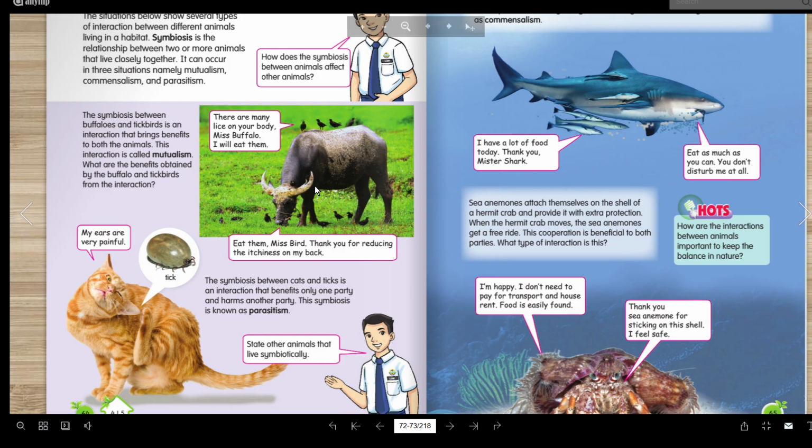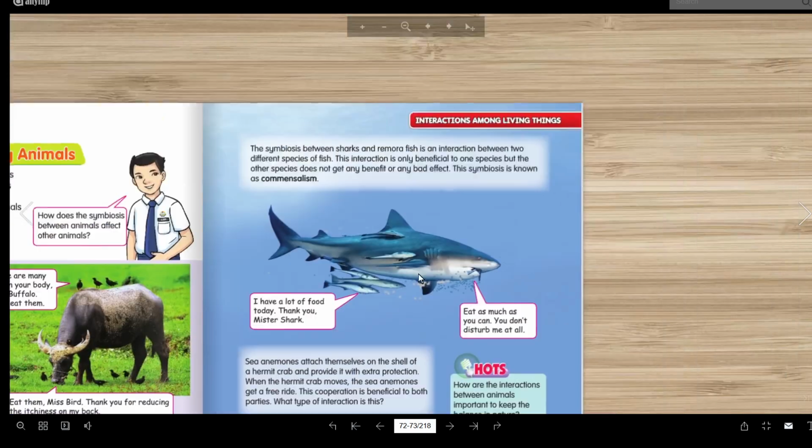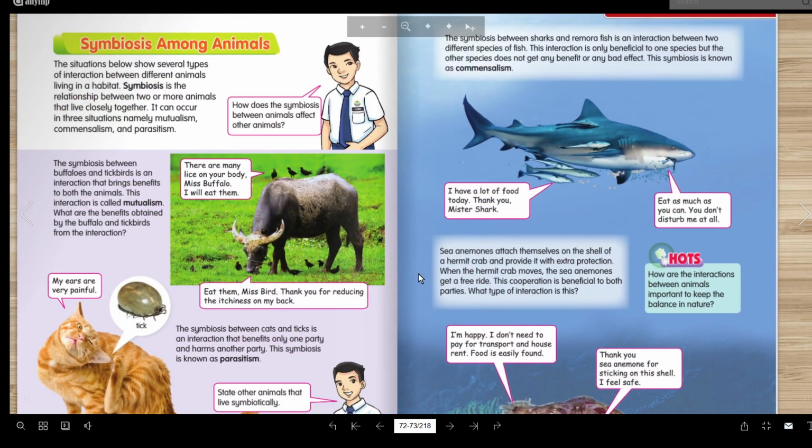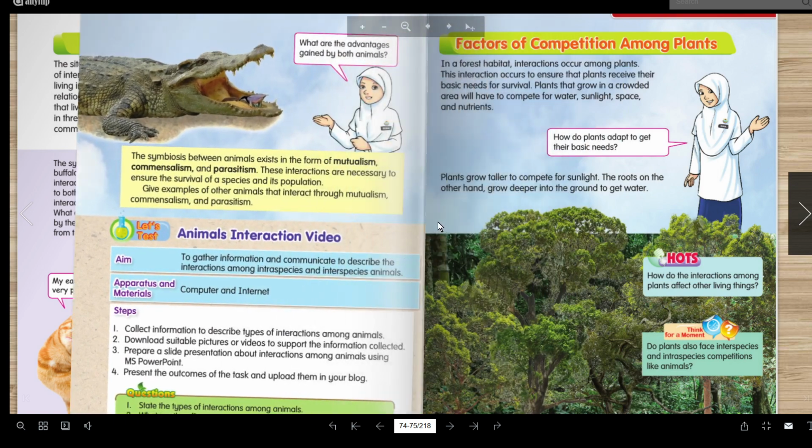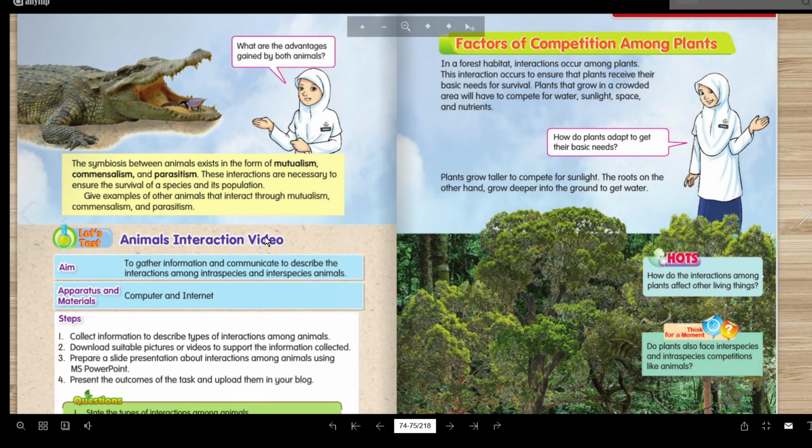When only one is getting the benefit and the other one is getting the harm. Good. Commensalism? When one gets the benefit but the other doesn't. Exactly. The other does not get affected at all, right? So we have seen two types of interaction so far: competition and symbiosis, right? So we learned about animals.